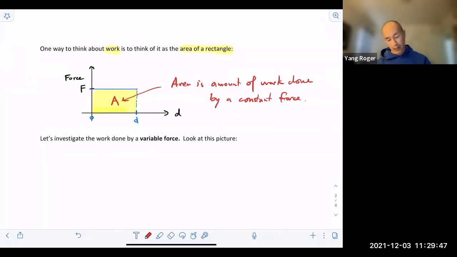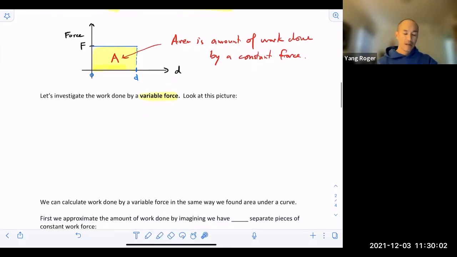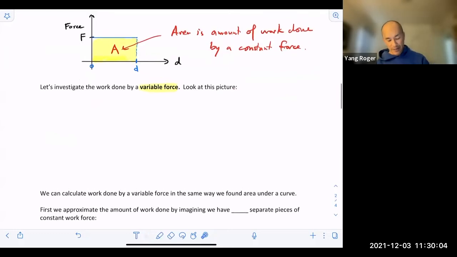So when we look at investigating the work done by a variable force, a variable force means that the force changes. The force changes depending on what your x value is. So in this particular situation, maybe I could draw a different picture that looks like this. This is still our force axis.